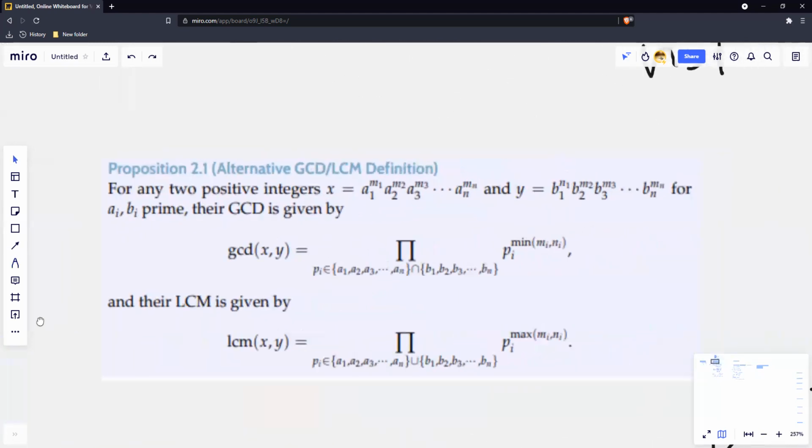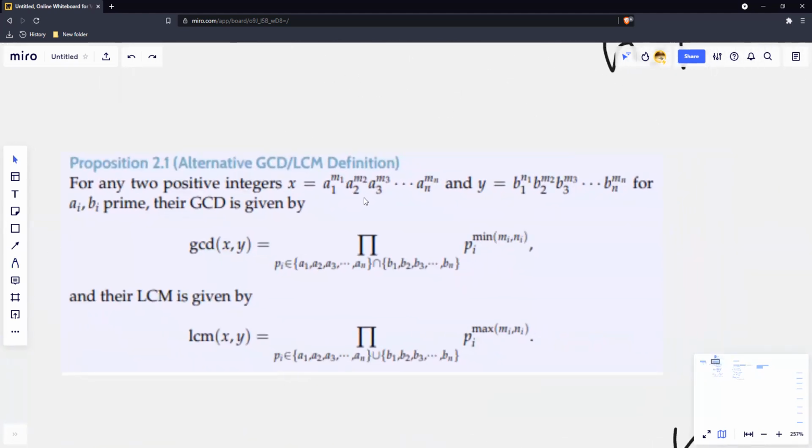So let's go here. For any two positive integers, we have last week's notation for them: x is equal to a sub 1 to the power of m sub 1 times a sub 2 and so on. This is basically its prime factorization, and y also has its own prime factorization. This basically says that all these numbers are prime.